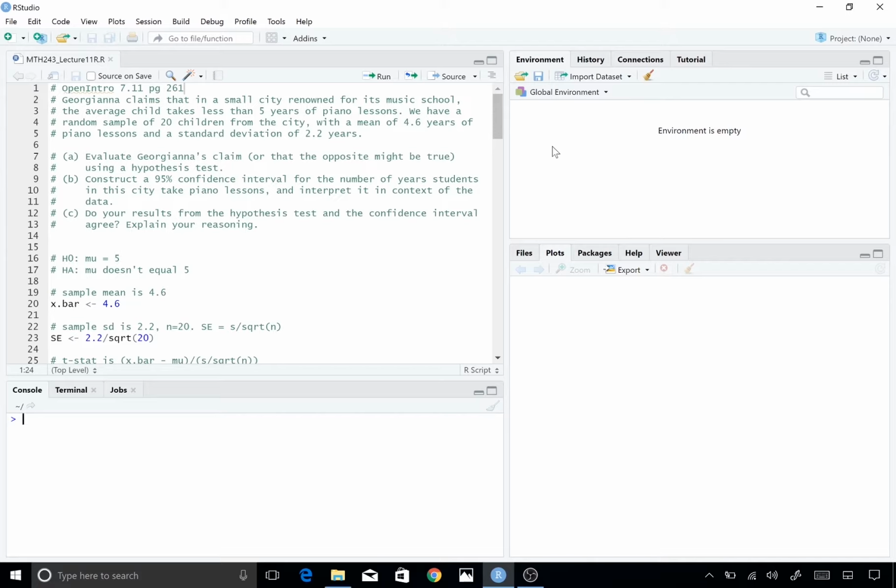And here's how you would go about it by hand. It's the same as last time. You calculate the t-statistic, then use pt to get the area you're looking for. For a two-sided test, it's going to be this area here, and the p-value is 0.0136, just as before.